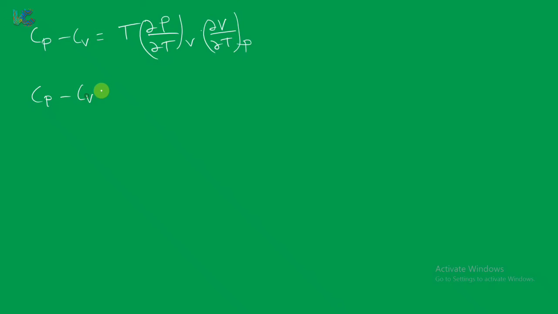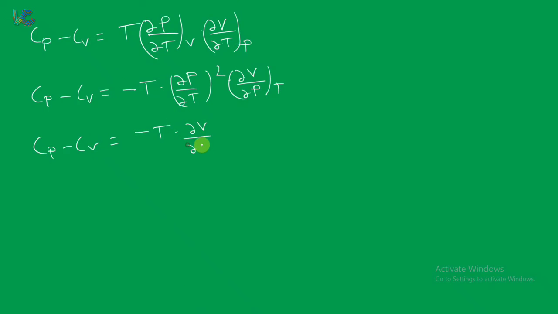At the very beginning, the fundamental equation: Cp minus Cv is equal to T into del P del T at constant V into del V del T at constant P. By applying the cyclic rule, we can also derive two other relations: minus T del P del T whole square into del V del P at constant T, and also Cp minus Cv is equal to minus T into del V del T whole square at constant P into del P del V at constant T.